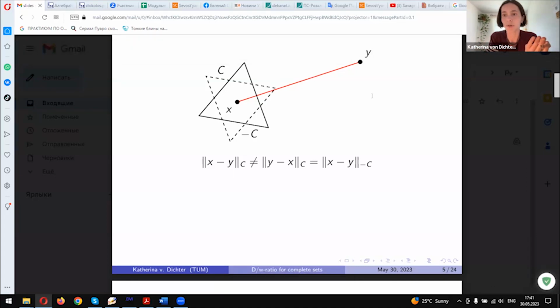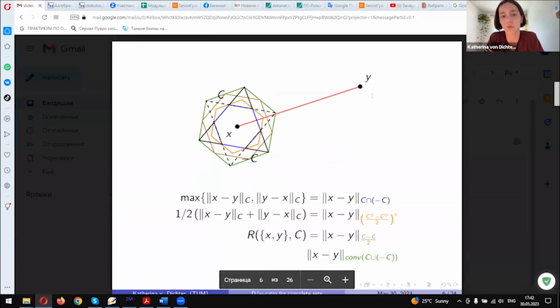But for some applications, you don't want the gauge to depend on the direction. You want your distance to be the same in all directions. So you want to approximate your gauge function with some norms. You want to understand what the symmetrizations of C can be, which we can use as the unit ball of our new norm. Please, next.